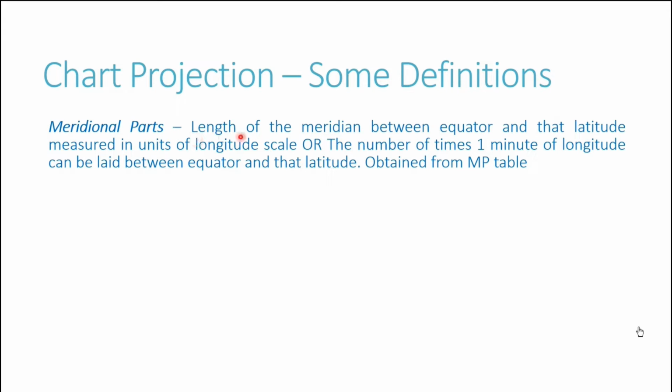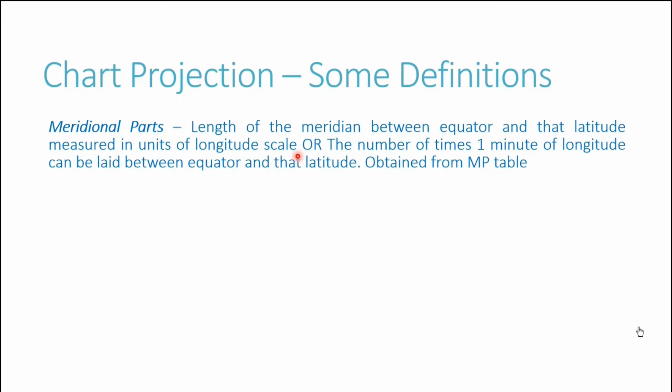It is the length of the meridian between the equator and that particular latitude. Meridional parts are in reference to latitude. Every latitude will have a meridional parts value. So it is the length of the meridian between the equator and that latitude measured in units of longitude scale.